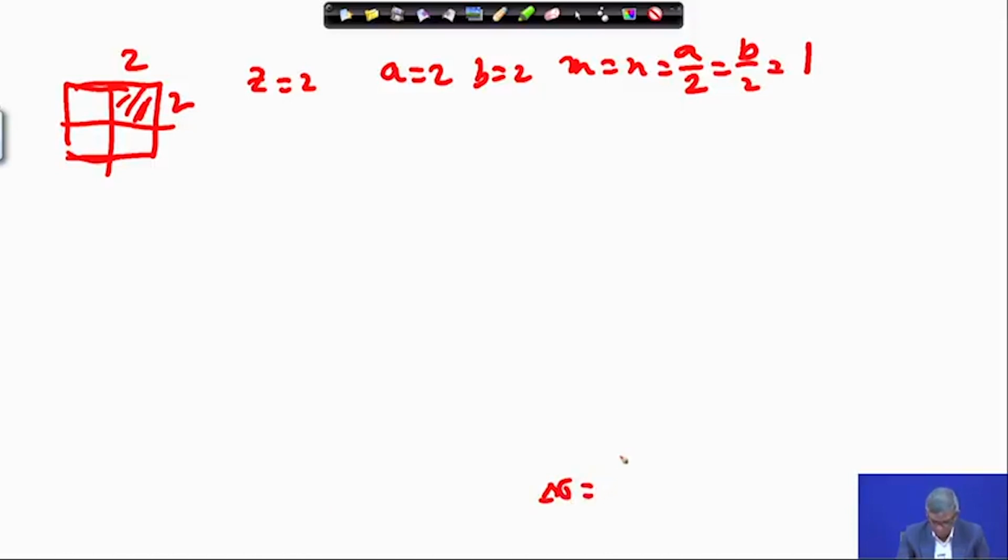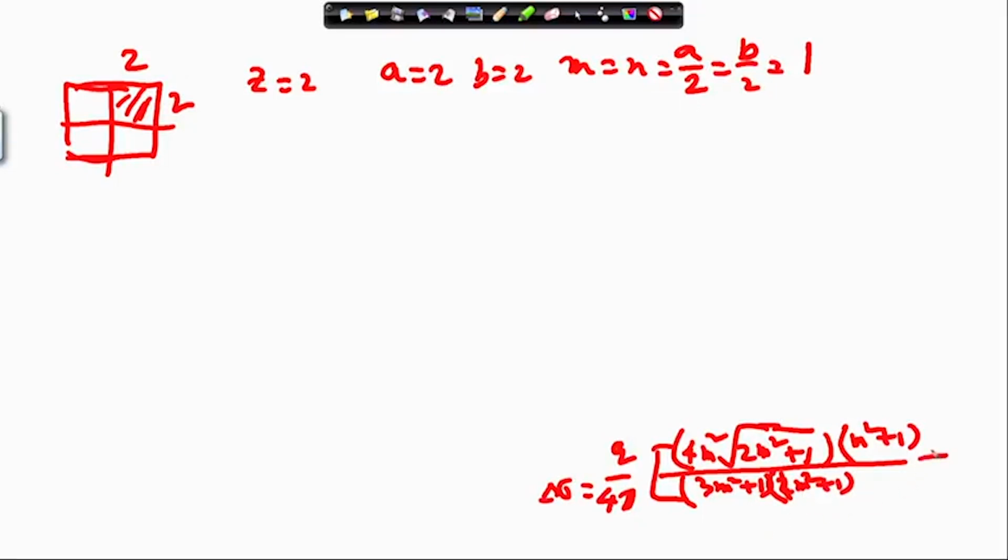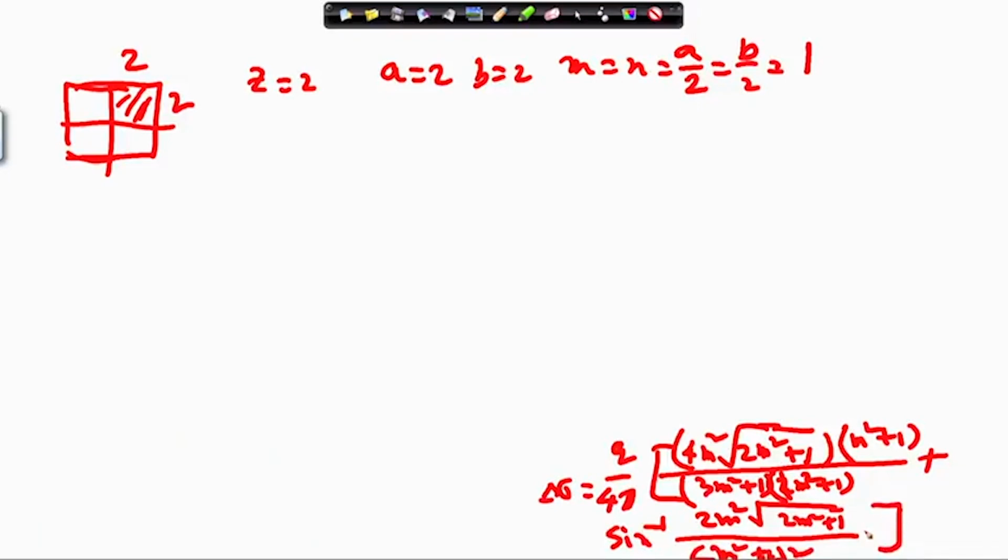Del sigma will be equal to q by 4 pi, 4m square under root 2m square plus 1 multiplied by m square plus 1, divided by 3m square plus 1, multiplied by 2m square plus 1, plus sine inverse 2m square under root 2m square plus 1 divided by m square plus 1 whole square. So, this is the formula when m and n will be equal.